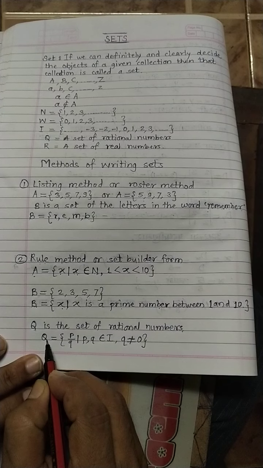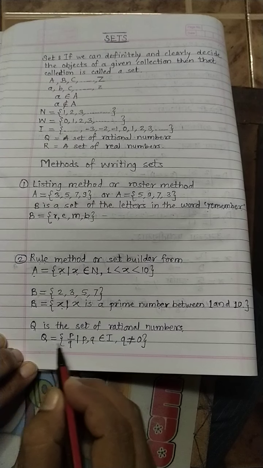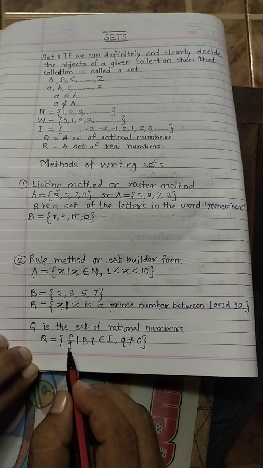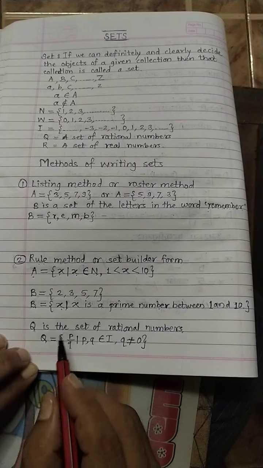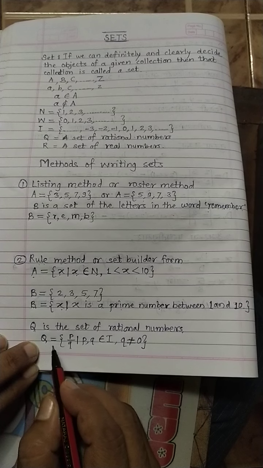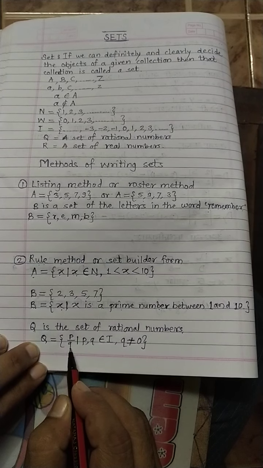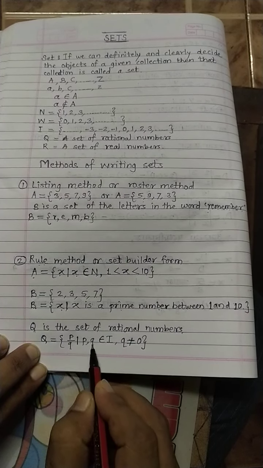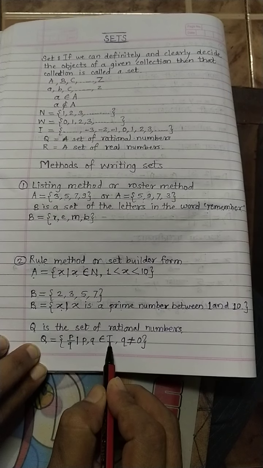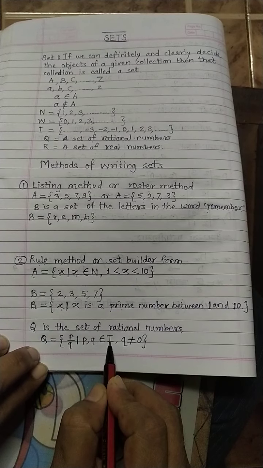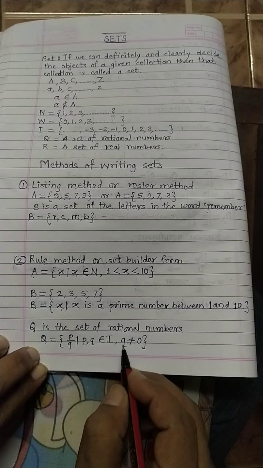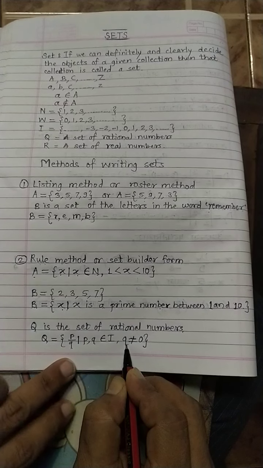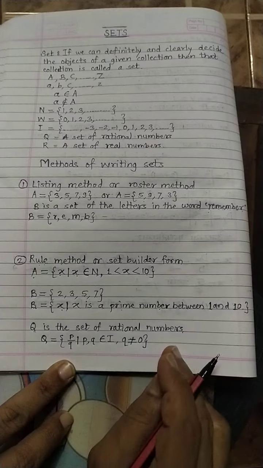Set Q is the set of all numbers in the form of p upon q such that p and q are integers, means belong to I, and where q is a non-zero number, means q is not equal to 0. Okay.